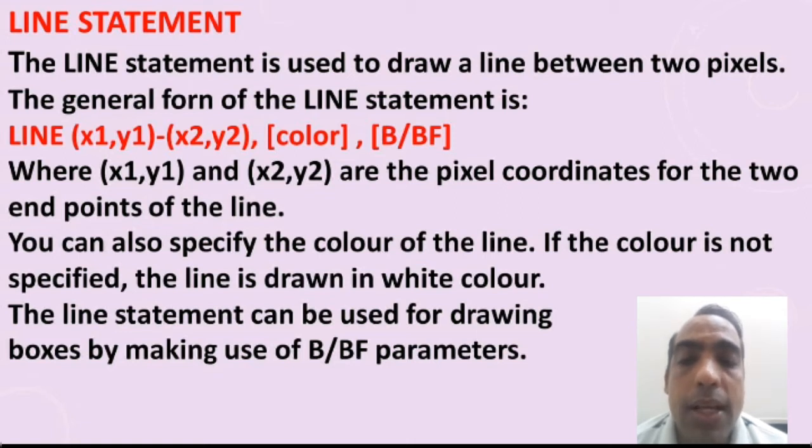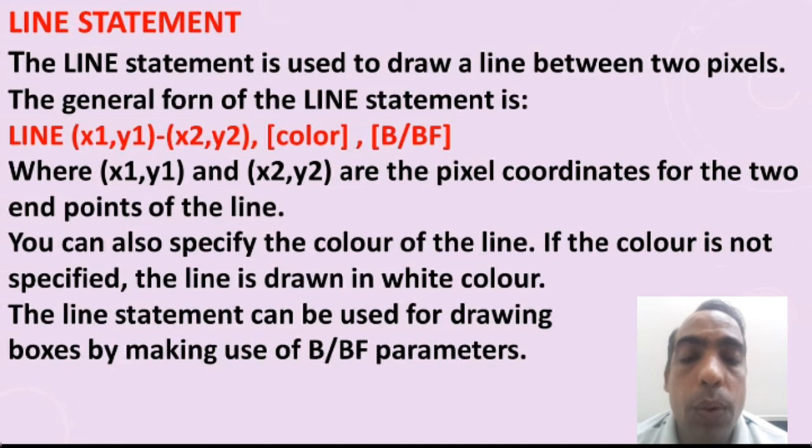Now you can see the general format or syntax of the line statement. First you have to write line, then in a parenthesis box x1 comma y1, dash, in another parenthesis box x2 comma y2, then the color of the line, after that B or BF.